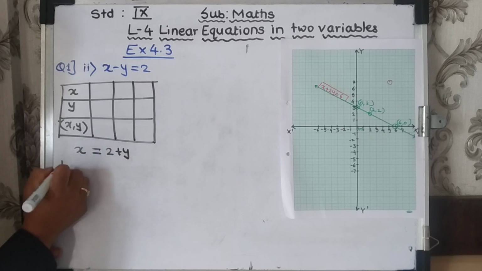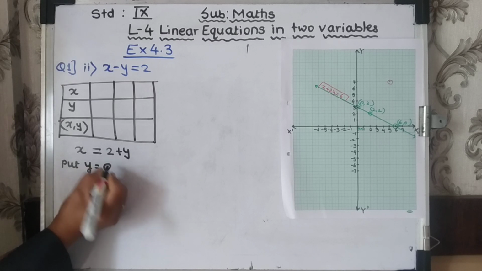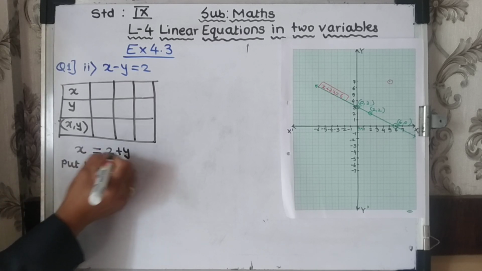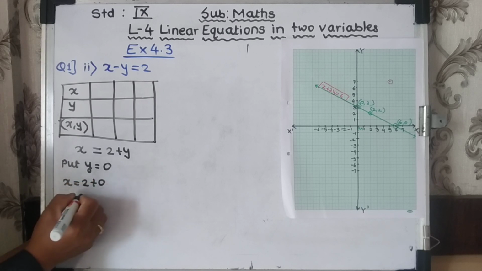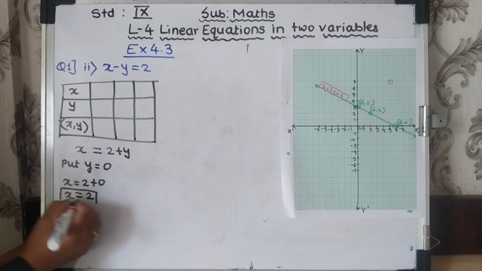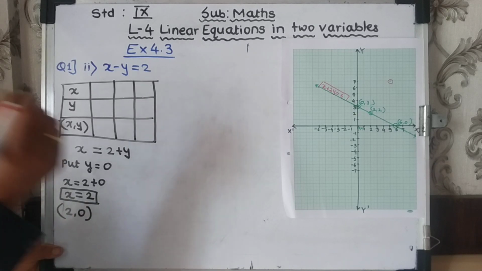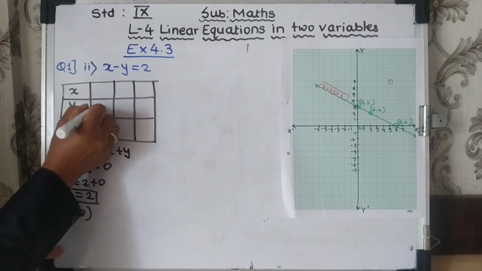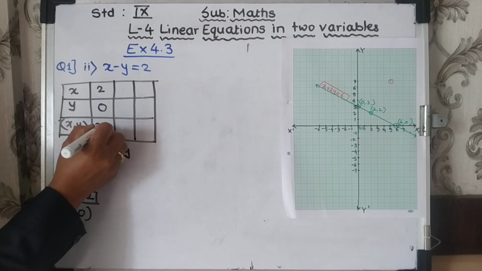So let us first put y equals 0. So what value will we get for x? So x equals 2 plus 0, 2 plus 0 is what? 2 only, no? So x equals 2. So x is 2 and y is 0. Got this coordinate we got. So we will write here 0, 2 and that of 2, 0.